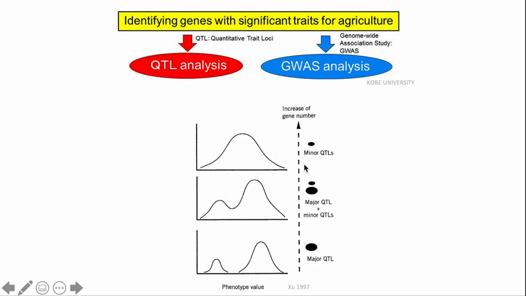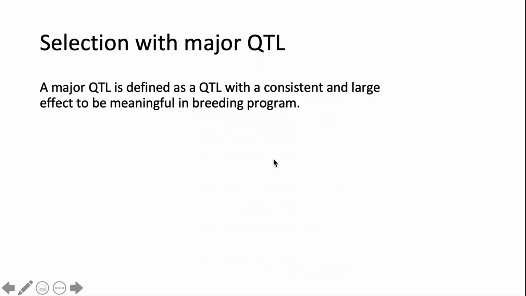The variation that we can see in the phenotype is just due to the minor QTLs, and this is a representation of a complex trait or quantitative trait.